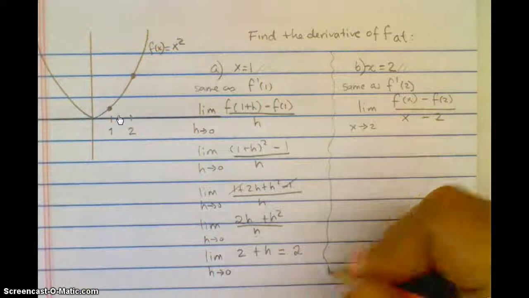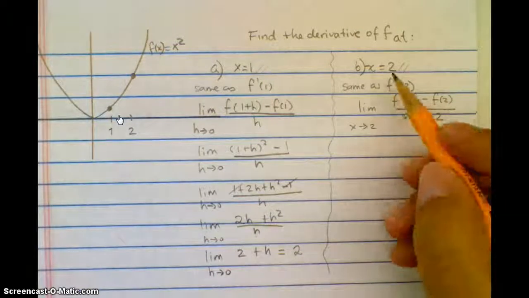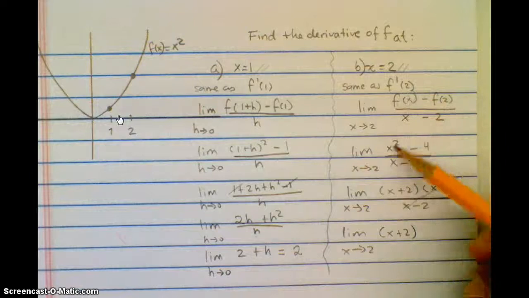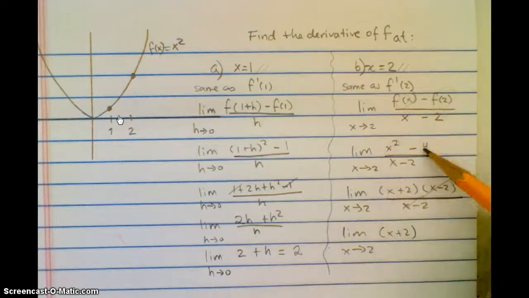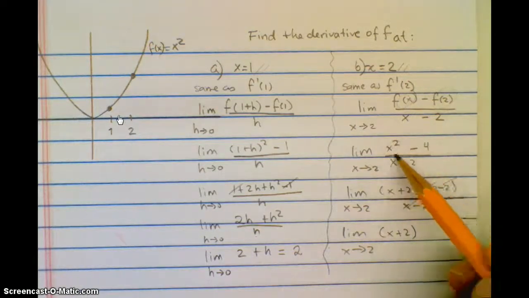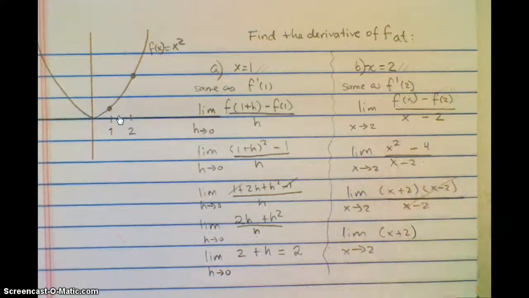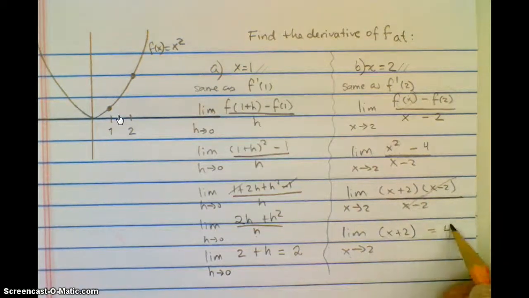Now I'm going to apply the other definition of derivative, and I'm going to find the derivative at 2. So f of x is x squared, f of 2 is 4. I notice that I can factor a difference of squares, because if I evaluate at 2, I get 0 over 0. The x minus 2 factor cancels out, so the limit as x approaches 2 of x plus 2 is simply 4.